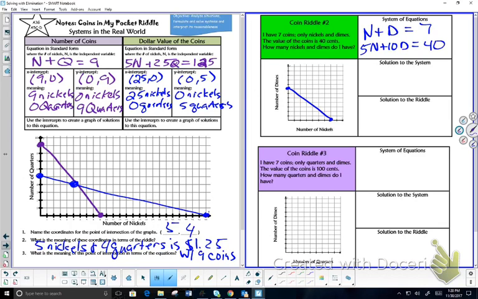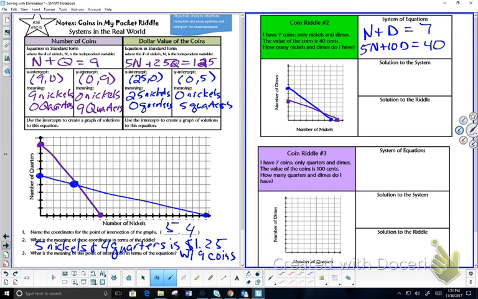I got 5N equals 40, so N equals 8. I got 10D equals 40, so D equals 4. Carefully connect your points.